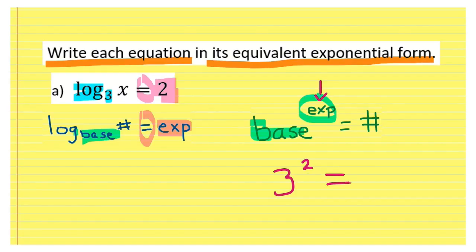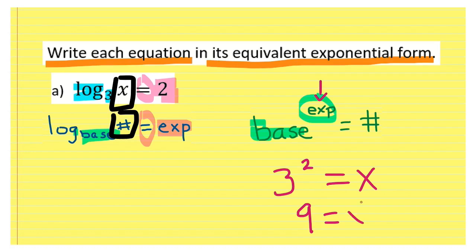And then it's equal to the expression that is left over. So what is left over? We've got a number representing our expression, and it actually is an x. So we are going to put an x over here. Now, if we wanted to, we could go ahead and solve it. So what is 3 squared? It's 9. That 9 is equal to x.